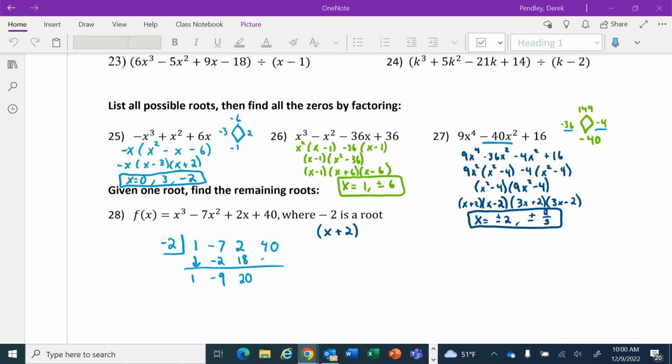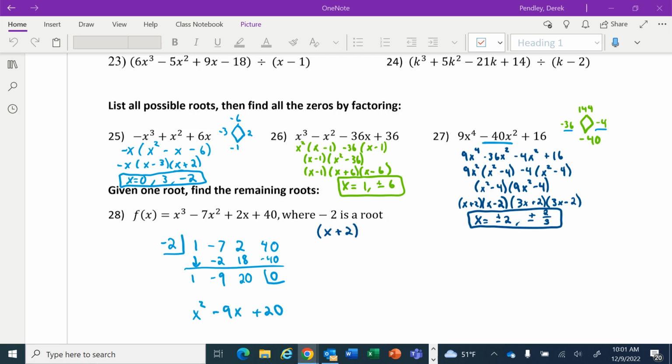So if I write this as my answer, x squared minus 9x plus 20, that should look like a very nice quadratic for you, where you can look at solving it by factoring using the diamond method.